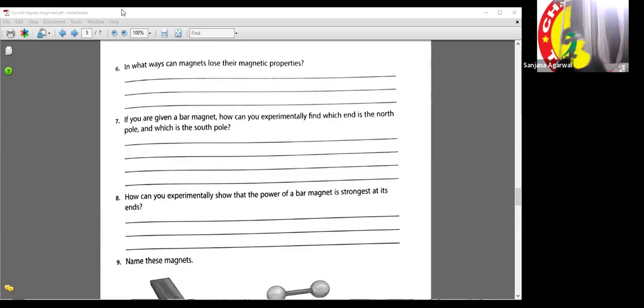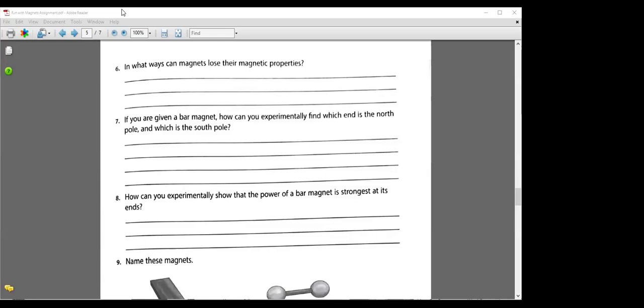Okay Bhavesh, no answer received from bio side. What is the use of needle here, Bhavesh?